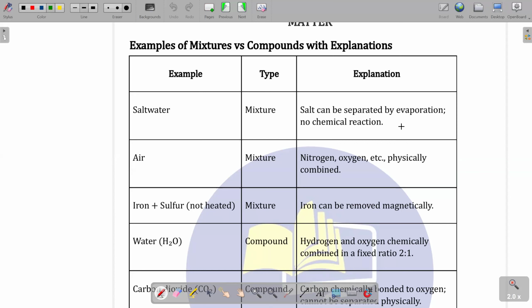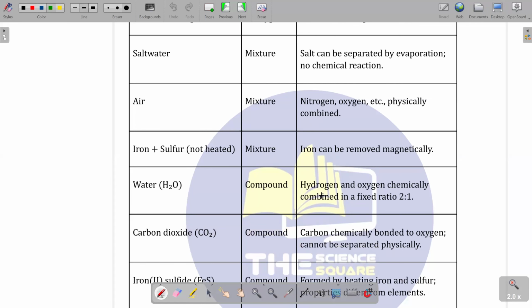Air is a mixture also, and it involves nitrogen, oxygen, and so on, and it is physically combined. Iron and sulfur, for example, is also a mixture. Iron can be removed using magnets. If it's a powdery mixture, you could just roll a magnet within the powdery mixture, and all the iron filings will be attracted by the magnet, while sulfur will not.